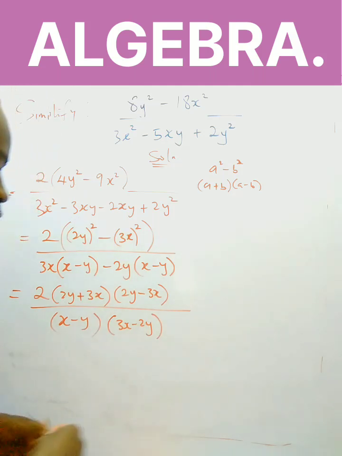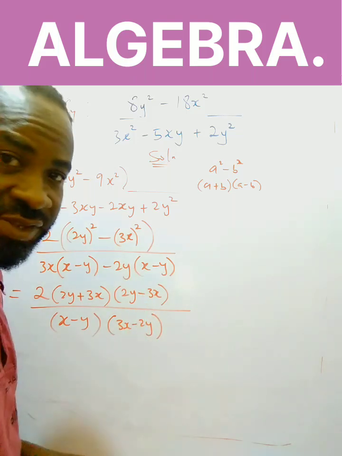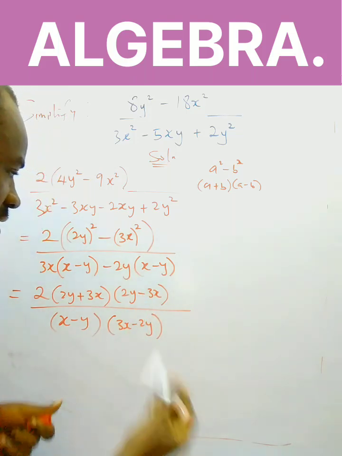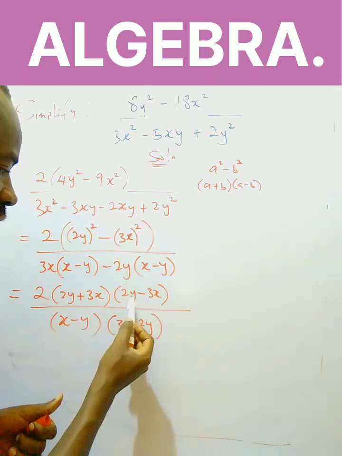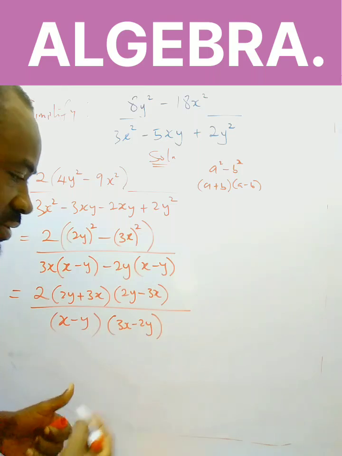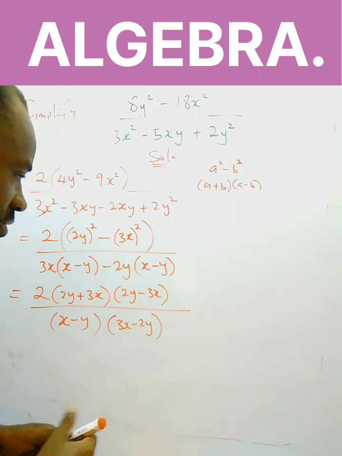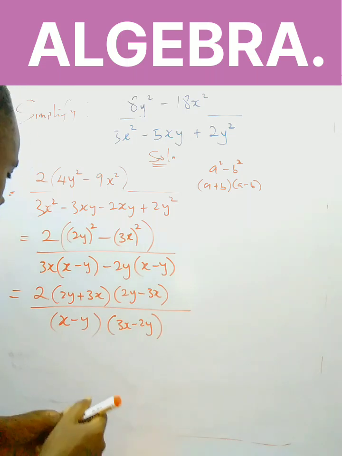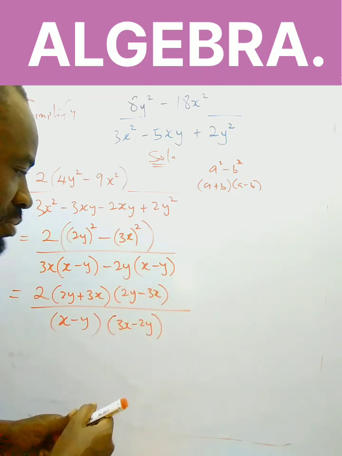Now if you check, we have to divide. This and this are almost the same, but the difference is that they have different signs. While this is minus 3x, this is plus 3x. While this is plus 2y, this is minus 2y. So we are going to reverse the sign of this. The best way to do that is to multiply both numerator and denominator by minus 1.